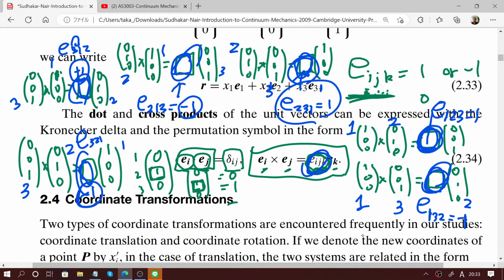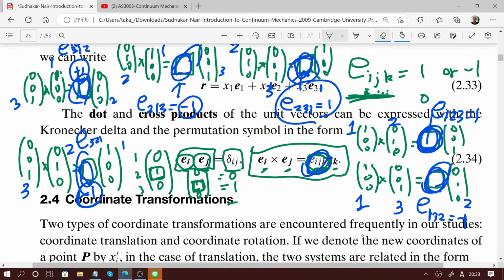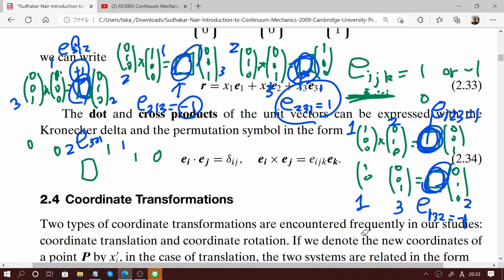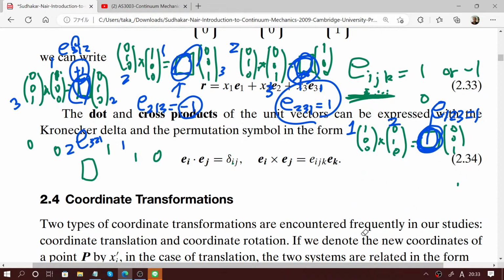Yeah, I think so. So this is the meaning of this cross product. Okay, so we can go on to the next part.